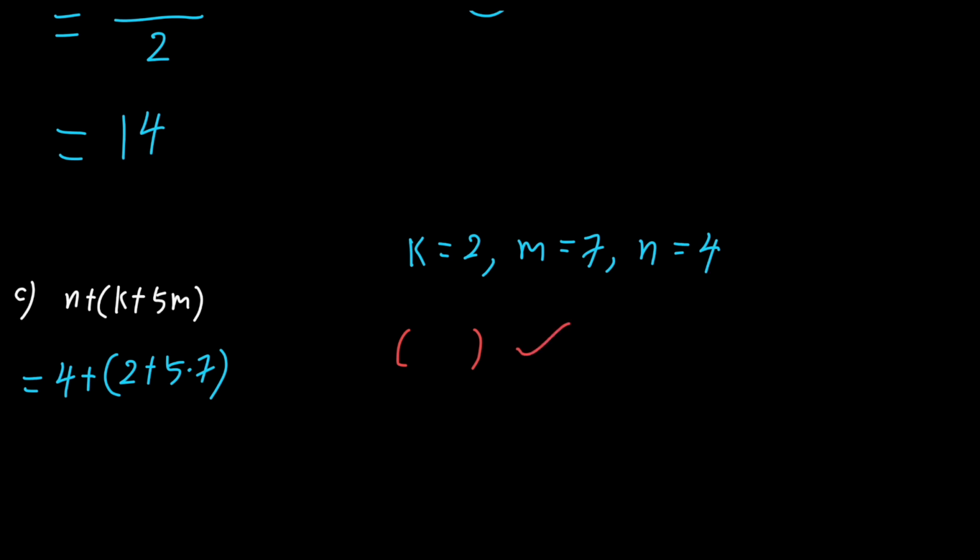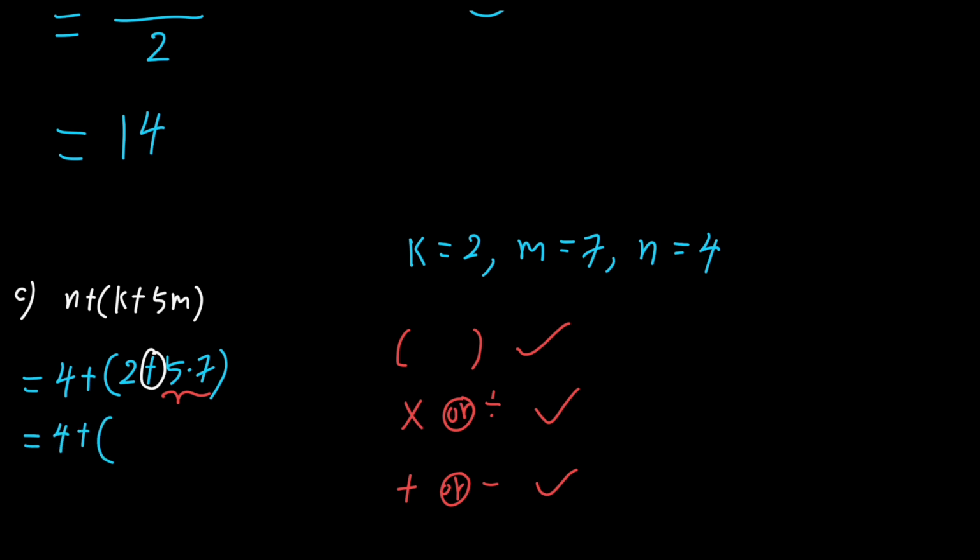So yes, we have. And do we have multiplication or division? Yes, because inside the parentheses, we have multiplication and addition. So we gotta do multiplication first. Then what is left is just addition or subtraction. So let's do that.